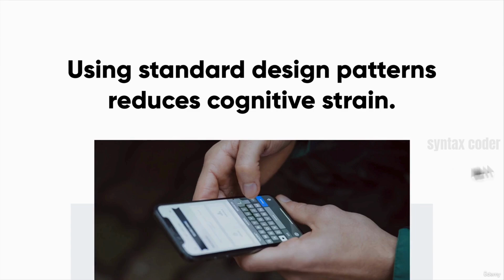Using standard design patterns reduces cognitive strain. So if people are already familiar with how objects on the interface will act, it saves them the time from thinking about what they should be doing or what they should be doing next. Reducing the need for people to actually think is so important if you'd like to keep them as users.